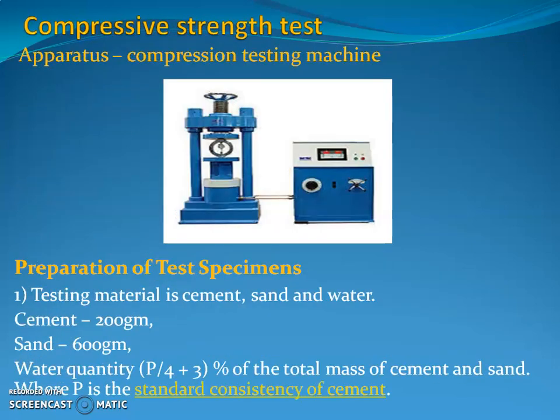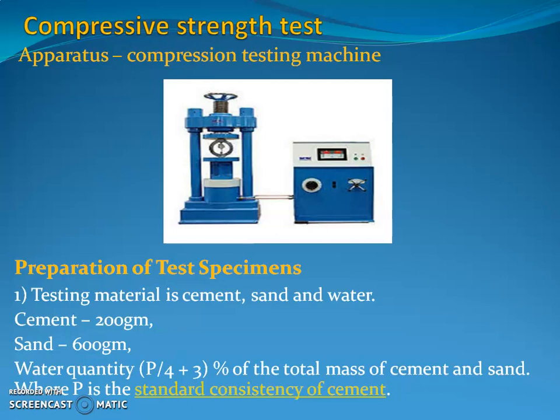Next laboratory test is the compressive strength test. For performing the compressive strength test, required apparatus is a compression testing machine. Compressive strength of the cement is the most important parameter, so the test is also the most important test. Preparation of test specimen: for preparing the test specimen, required materials are cement, sand and water.